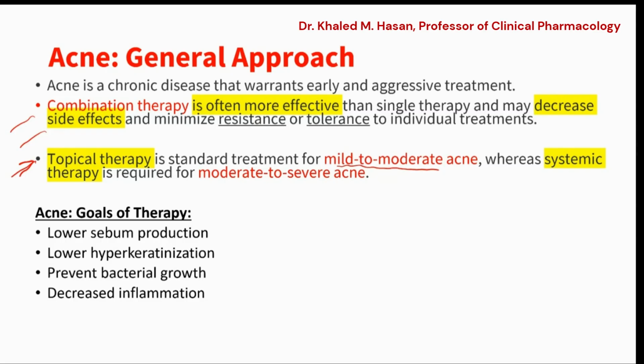No need to use anything oral or injection. When you have moderate to severe acne, we go with oral or injection systemic treatment. So we have 2 main approaches: mild to moderate, go with local; moderate to severe, we start with systemic.